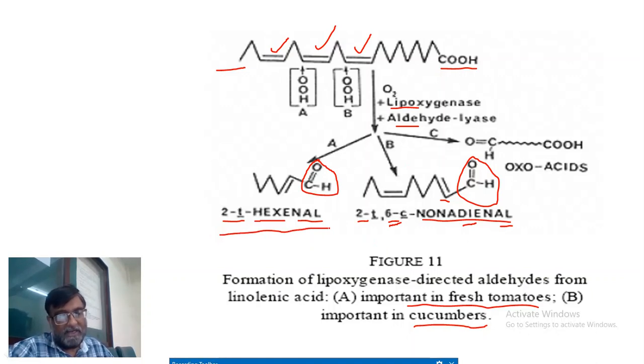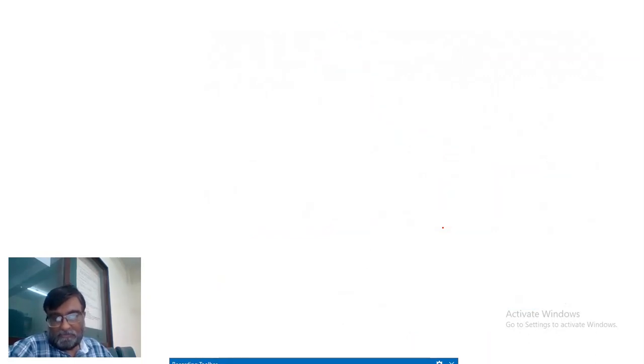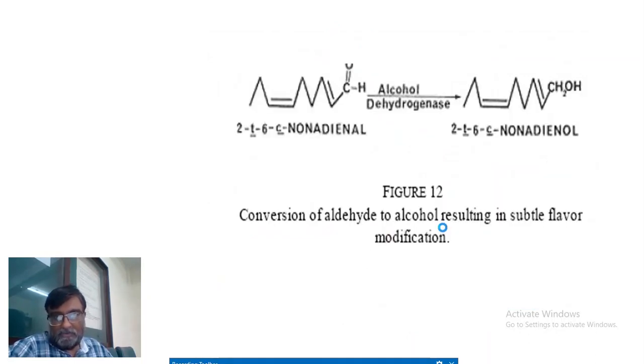Now you can add this component to tomato purees, tomato ketchup, tomato powder, and so on. If you're working with cucumber pickles, you can develop this substance and add it to the cucumber pickle. So these are the conversions.